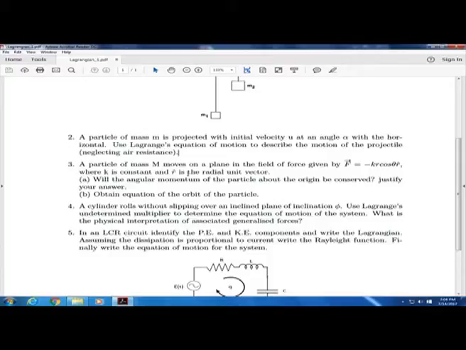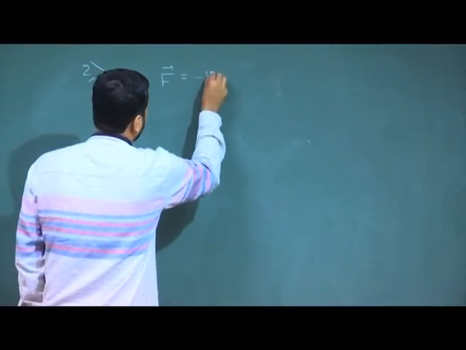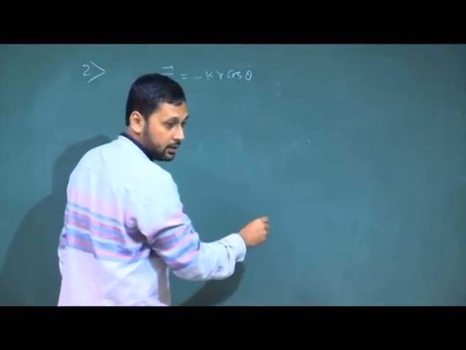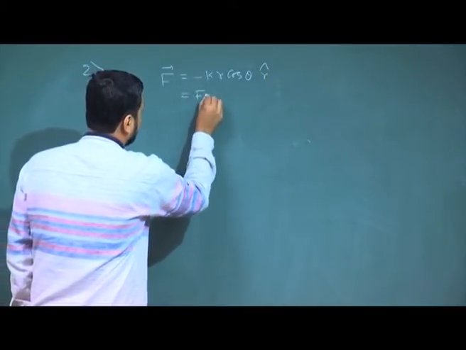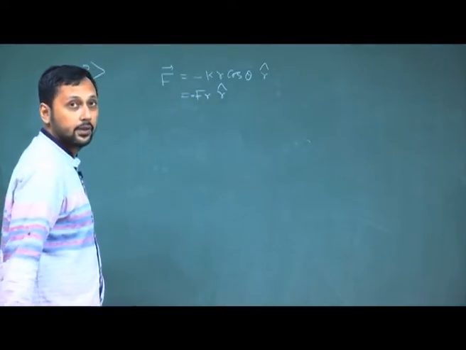Okay. So, we are given a force field F, which is minus k r cos theta r cap. We can write this as F_r, or minus F_r r cap, right.